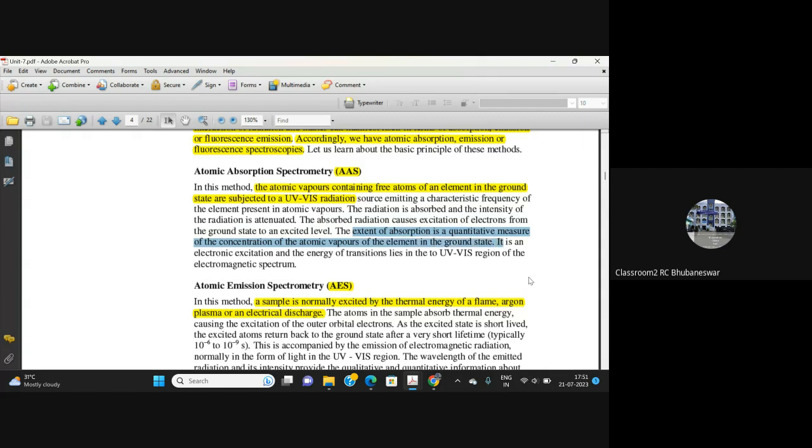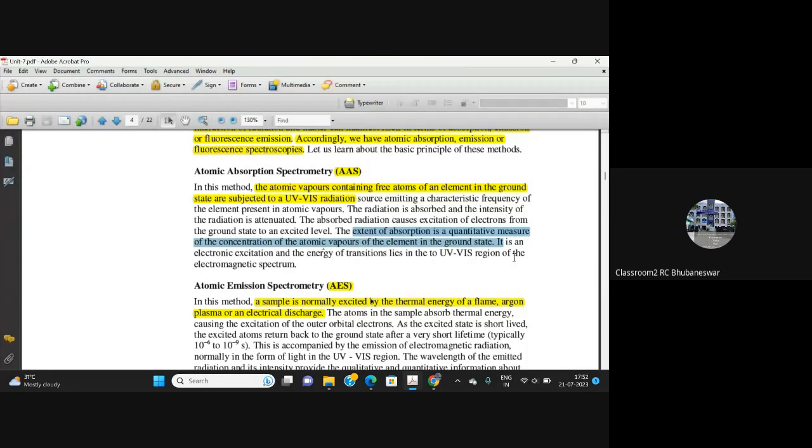We have already read about absorption spectroscopy or UV visible spectroscopy, and there also the extent of absorption is directly proportional to the concentration of the species that we are going to study. Here also, same thing: the absorption is directly proportional to your concentration. So this concept helps you in quantitative analysis.